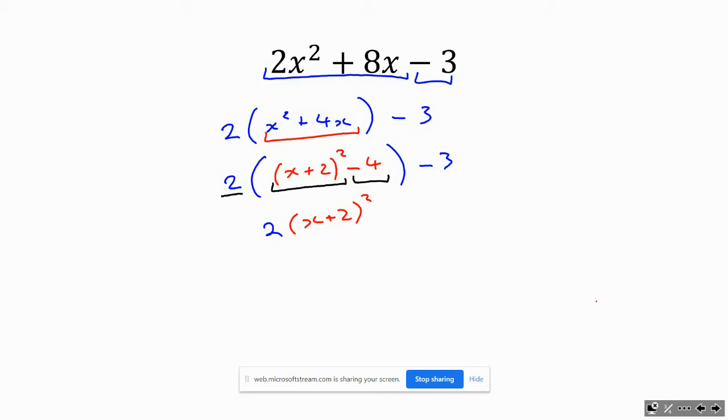And then if I want to do 2 multiplied by negative 4, I get negative 8. So I've expanded that bracket, and I've still got the minus 3 here at the end. So altogether, what I now have is 2 bracket x plus 2 squared, minus 8 take away 3 is negative 11.